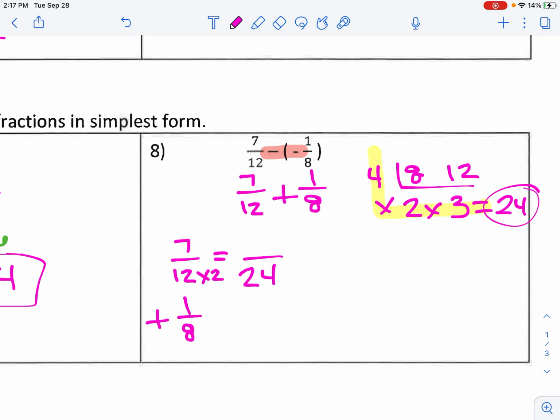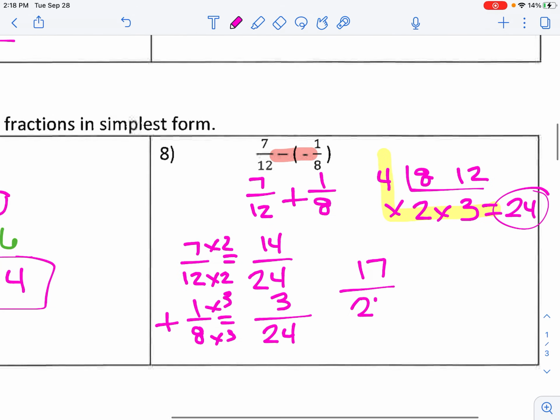So 12 times 2, 7 times 2, 8 times 3, and 1 times 3. 14 plus 3 is 17. Now, because that minus minus became a plus, that second fraction is now a positive fraction. So we added 2 positive fractions together, so our answer is going to be a positive fraction.